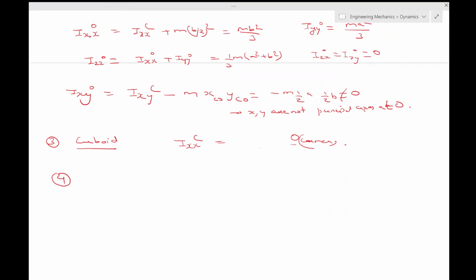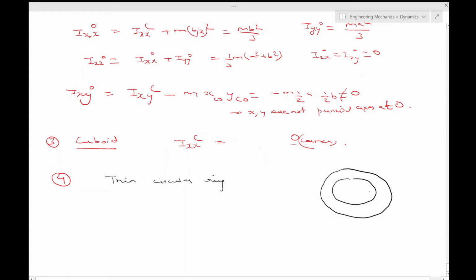Then you can have, let me do one of them now, which is a thin circular ring. So x, y, z, the mean radius is r. Let's first try to write it about C. So the mass is m, okay, and it's modeled as a 1D distribution of mass.